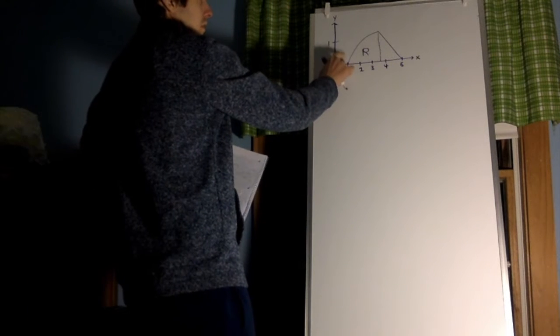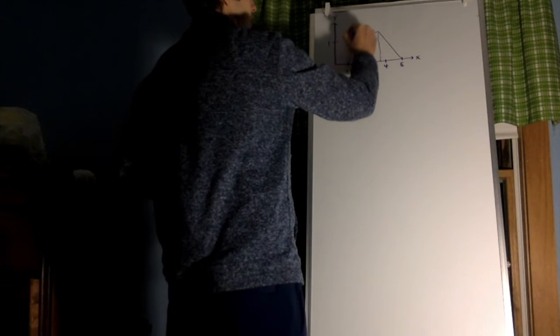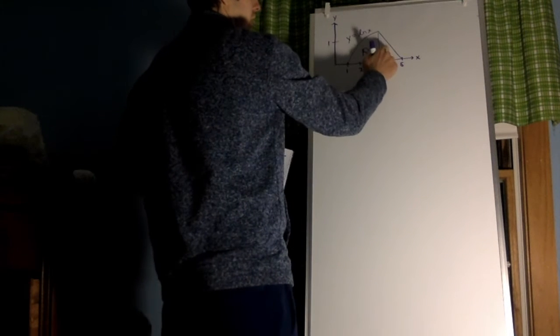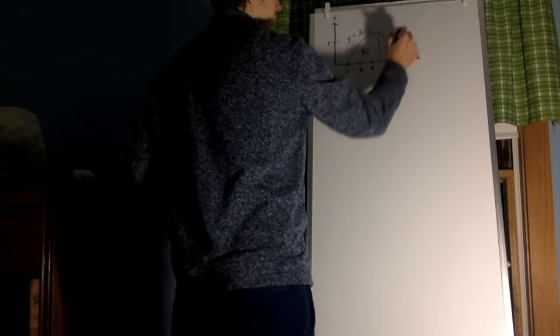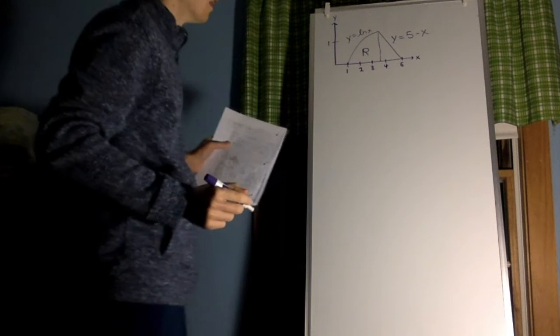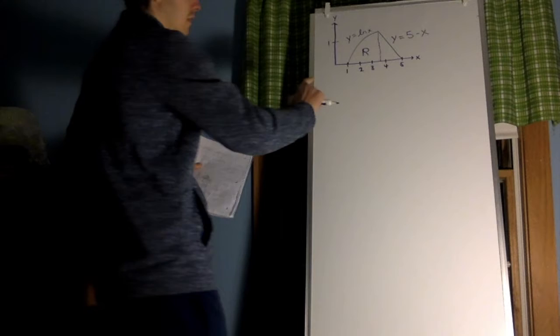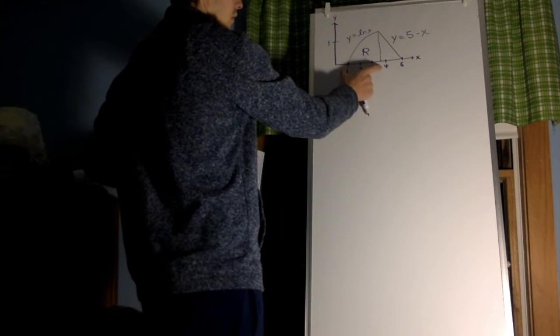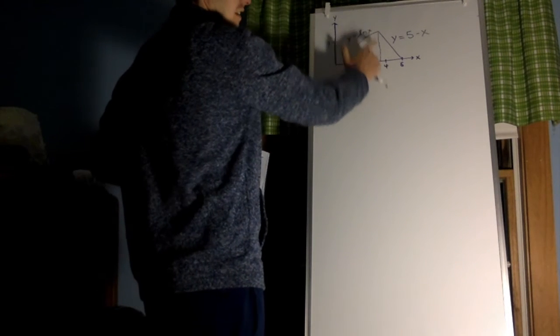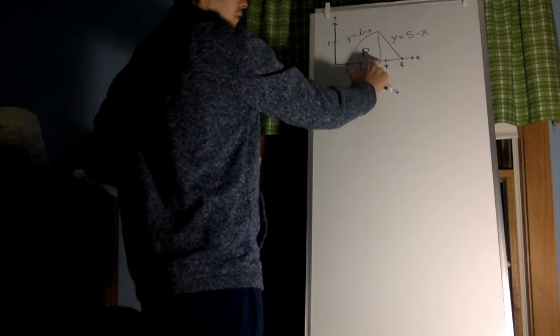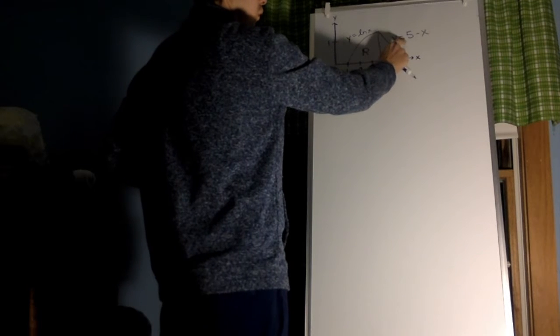This function on the left is our y equals natural log of x, and over on the right, that's our y equals 5 minus x. So the easiest way to find that area is to find the integral from 1 to whatever this line is of natural log of x, and then from that line to 5 for y equals 5 minus x.